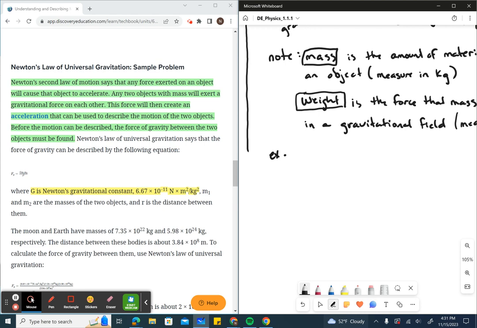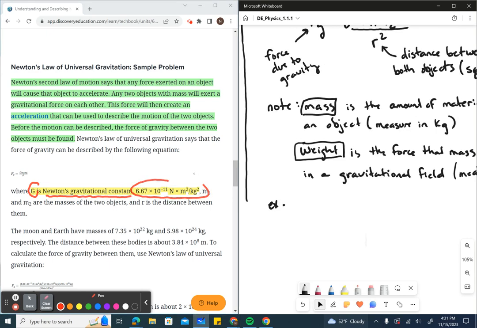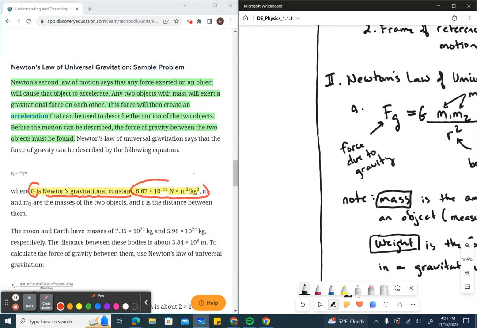Newton's second law of motion says that any force exerted on an object will cause that object to accelerate. Any two objects with mass will exert a gravitational force on each other. This force will then create an acceleration that can be used to describe the motion of the two objects. Before the motion can be described, the force of gravity between the two objects must be found. So take a look at that G. They do give us, finally, what G is. G is Newton's gravitational constant. It is this number right here. So let's come back up here and write a note to ourselves because this is important.